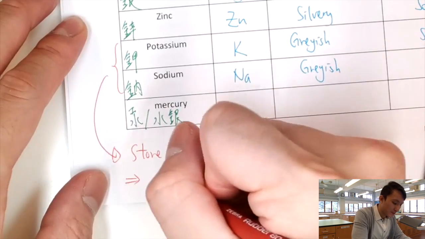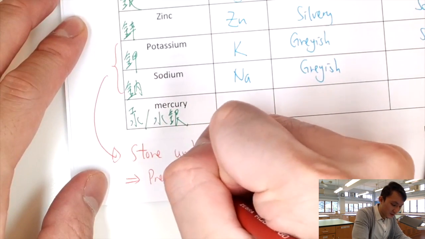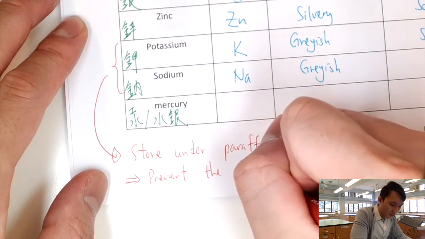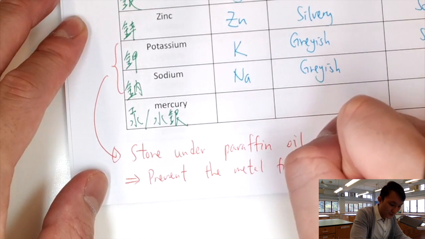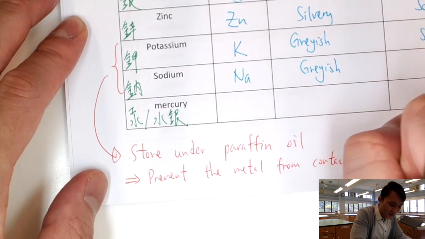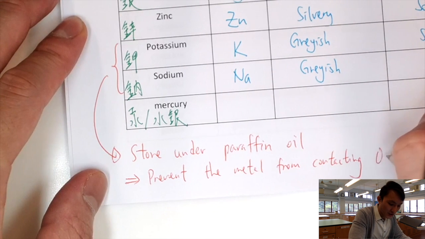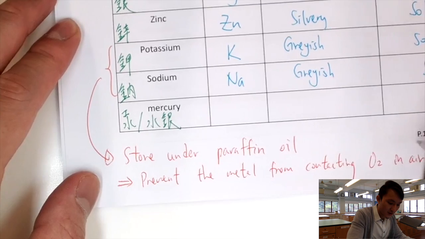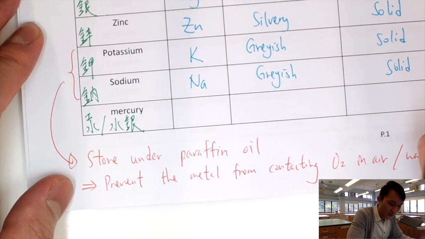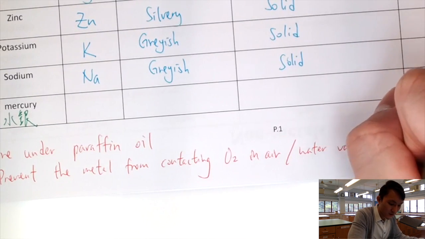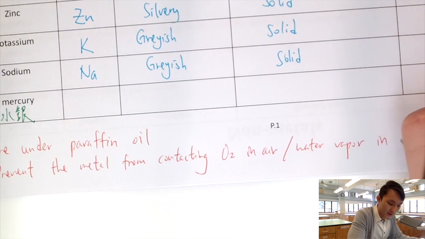It is to prevent the metal from contacting oxygen in air and the water vapor in air.